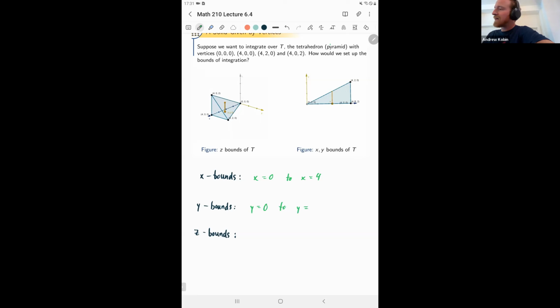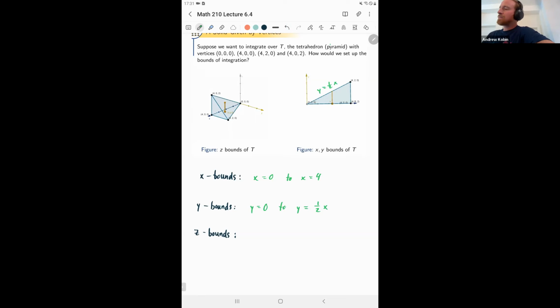This will be y equals mx. The slope here is if we rise by 2 to go from (0, 0) up to (4, 2), we run by 4. So rise over run, 2 over 4, gives us 1/2 x. And if you want, you can label this: this is y equals 1/2 x. And that we'll use for our top y bound.